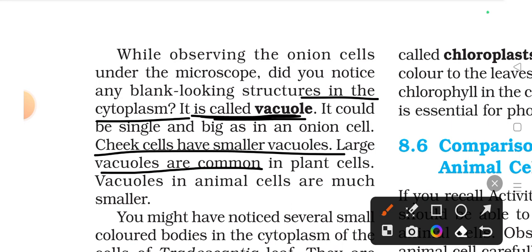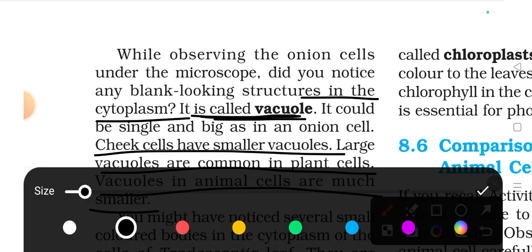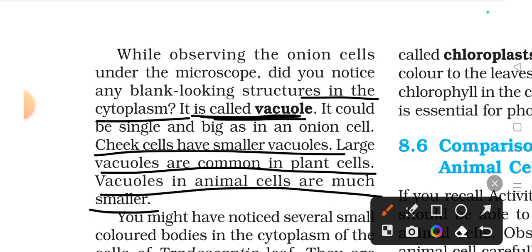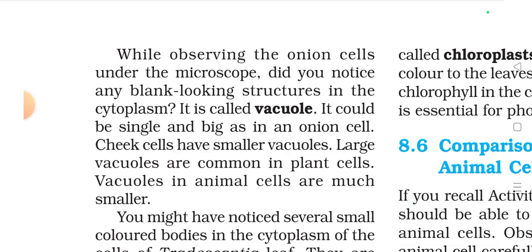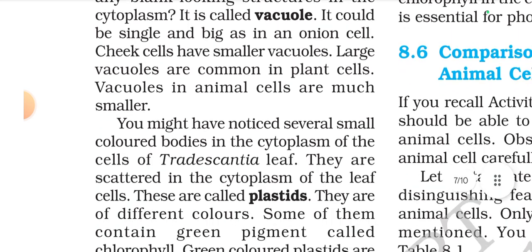Large vacuoles are common in plants. Vacuoles in animal cells are much smaller. Now they are introducing us to a new organelle, the vacuole. What is a vacuole? A vacuole is just a hollow-like structure in a cell, and it is used because it carries some excretory product.